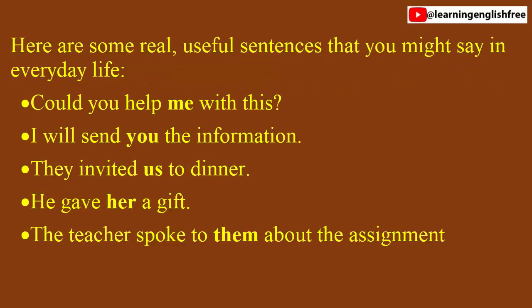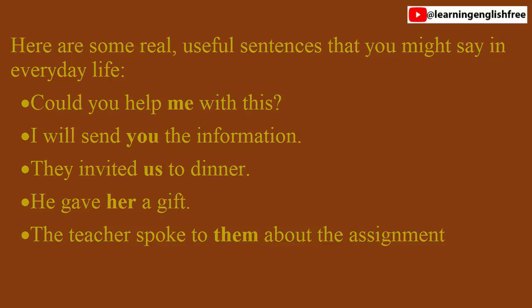Here are some real, useful sentences that you might say in everyday life. Could you help me with this? I will send you the information. They invited us to dinner. He gave her a gift. The teacher spoke to them about the assignment.